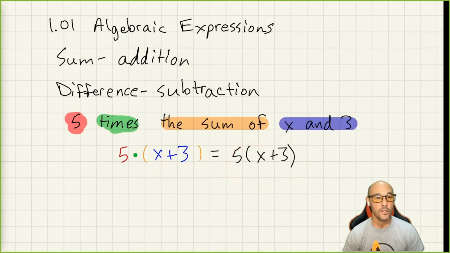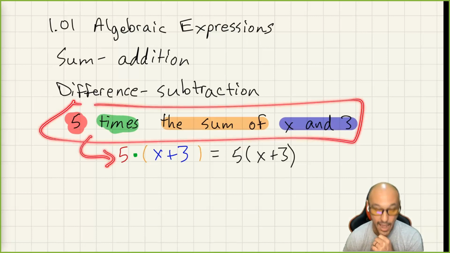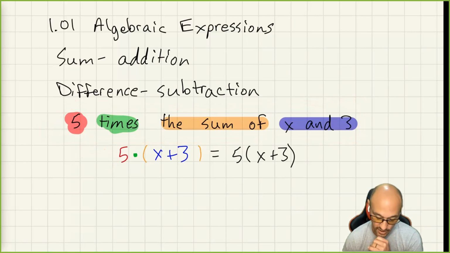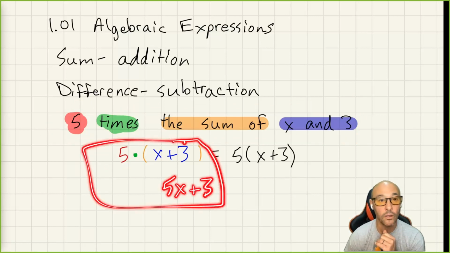All right. So notice that the translation includes the parentheses. Translating from the words to the math symbols includes the parentheses, because if we did 5x plus 3, these things would not be equal.